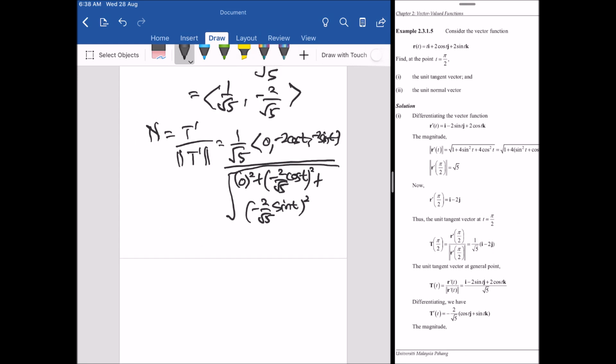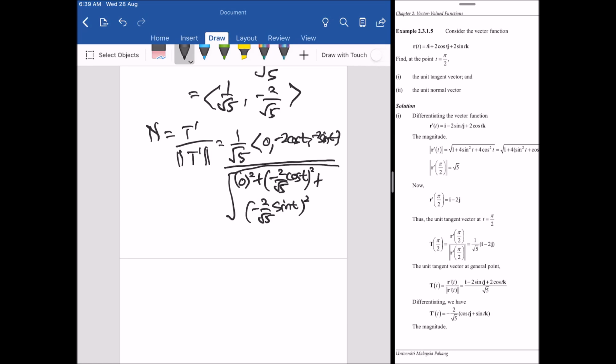Okay, so we have a unit normal vector here, and we want to substitute the value of t equals pi over 2.